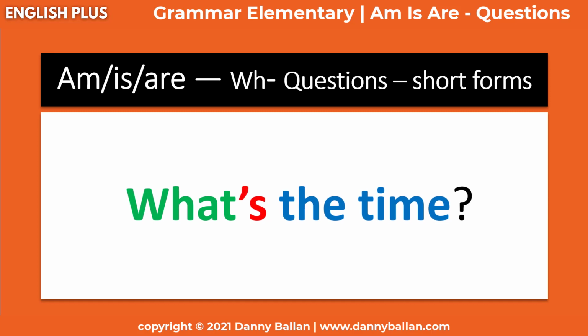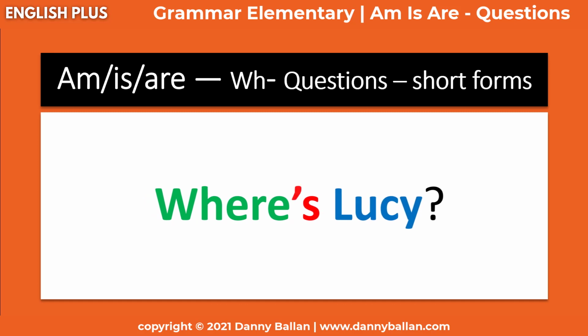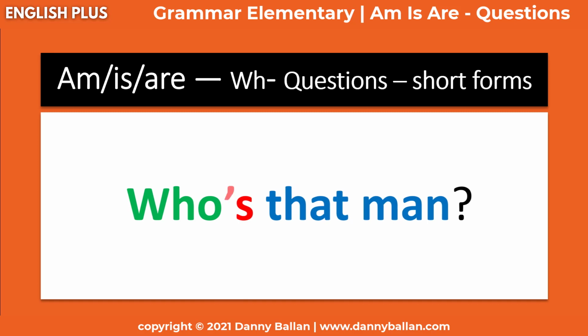And when someone asks a question like, where is Lucy? They don't usually say, where is Lucy? They say, where's Lucy? Where apostrophe S, where's Lucy? Or, who is that man? Instead of saying, who is that man, we can simply say, who's that man? Who's, who apostrophe S, that man?